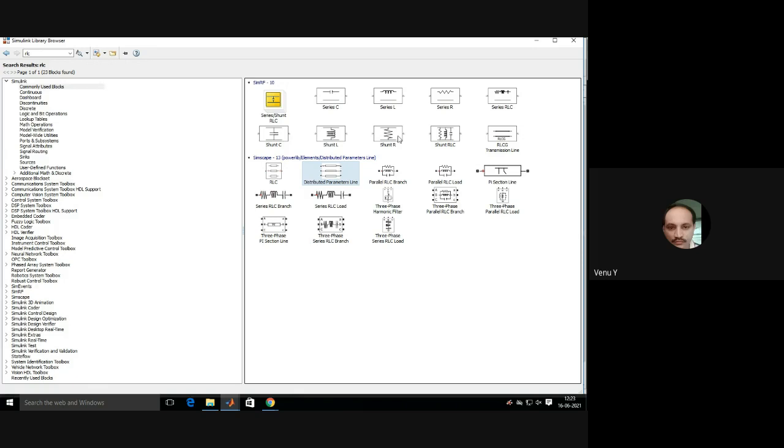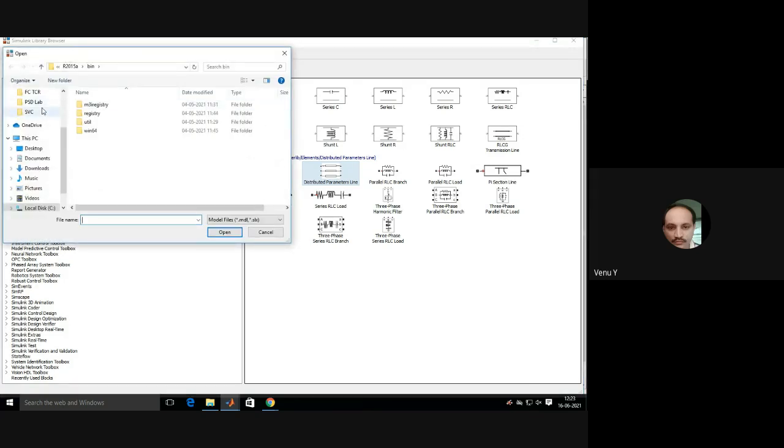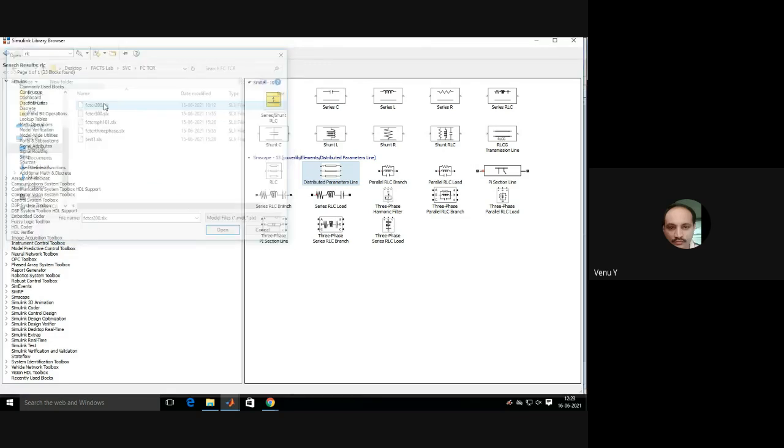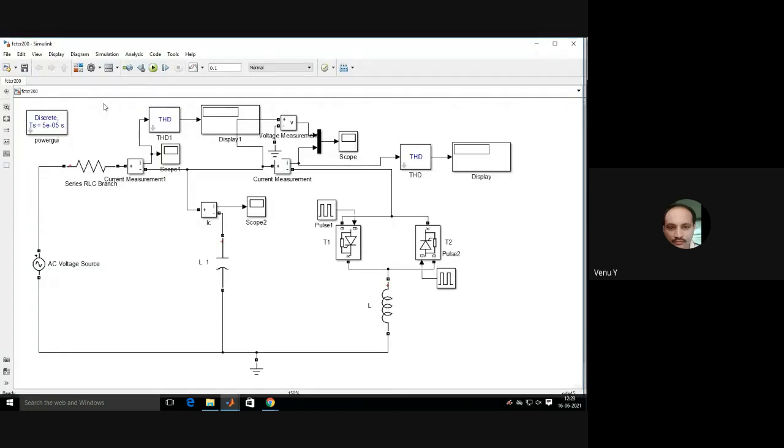Now let us discuss the FCTCR type SVC. In the FCTCR type SVC, the compensation can be provided from negative to positive, that is leading to lagging.